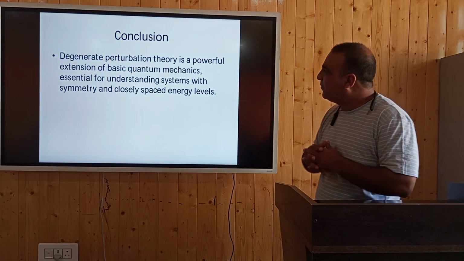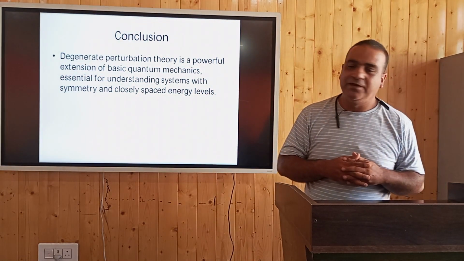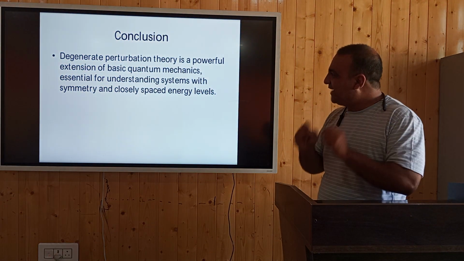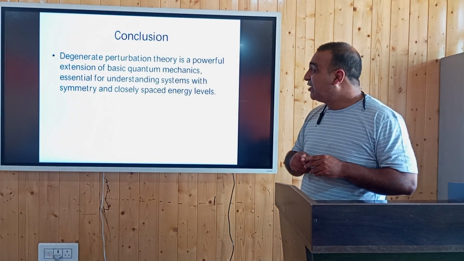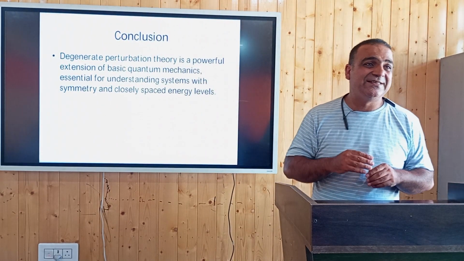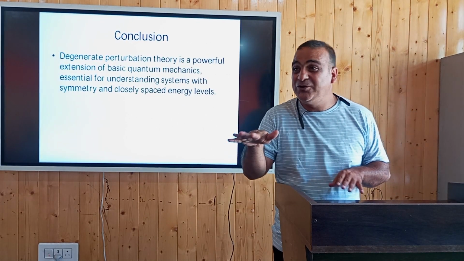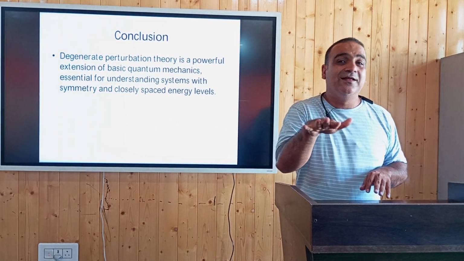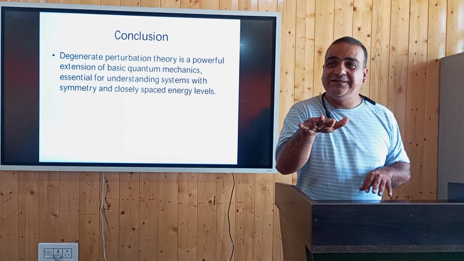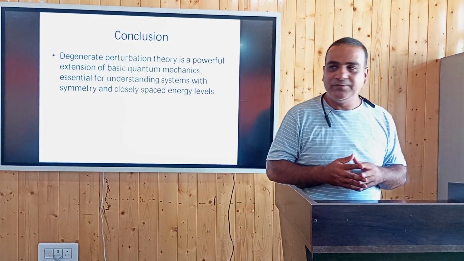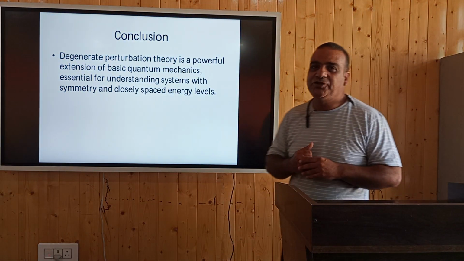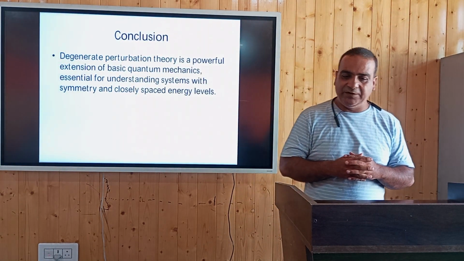So degenerate perturbation theory is a powerful extension of quantum mechanics. It's essential for understanding systems with symmetry and closely spaced energy levels. I'm using the words very closely spaced energy levels; what we generally say is same energies, right? So this is the introduction of degenerate perturbation theory.